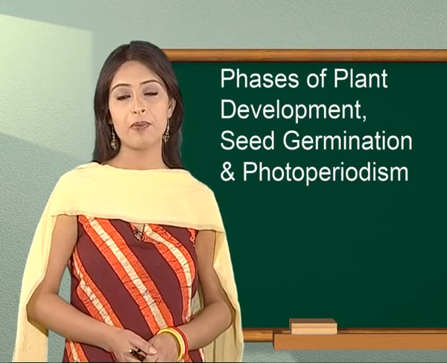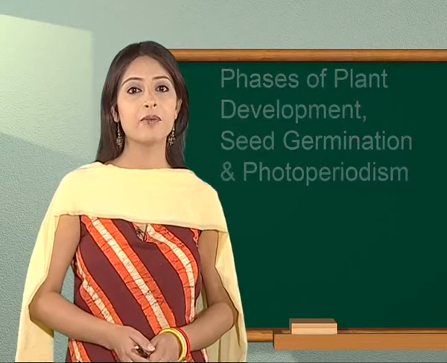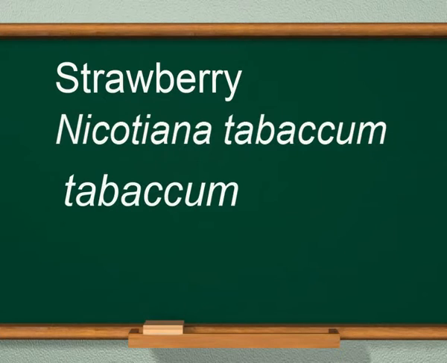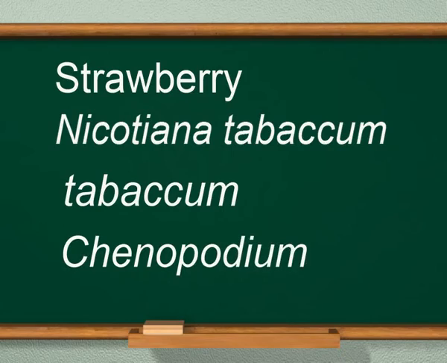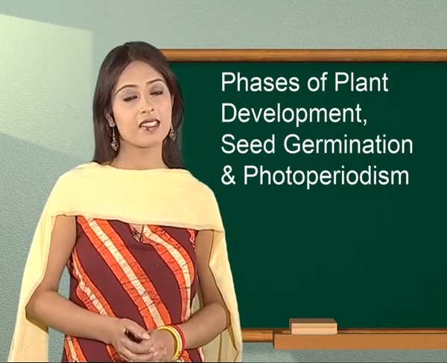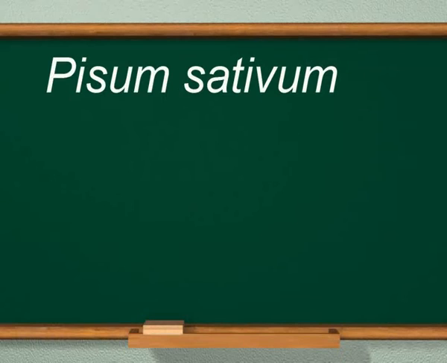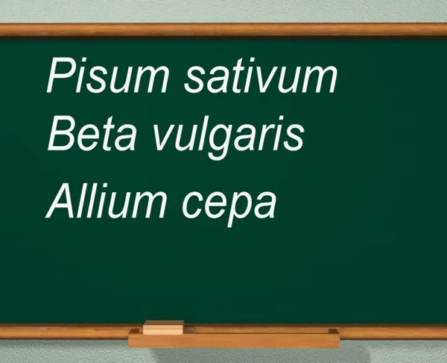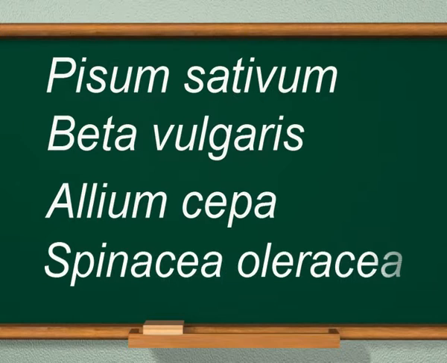Examples of short day plants are chrysanthemums, strawberry, Nicotiana tabacum, Chenopodium, etc. Whereas examples of long day plants are Pisum sativum, Beta vulgaris, Allium cepa meaning onion, Spinacia oleracea meaning spinach, etc.